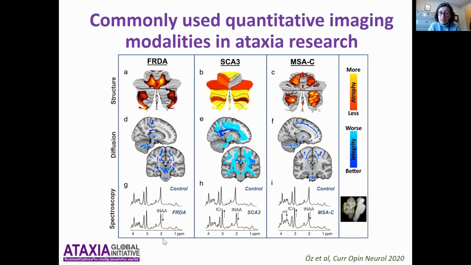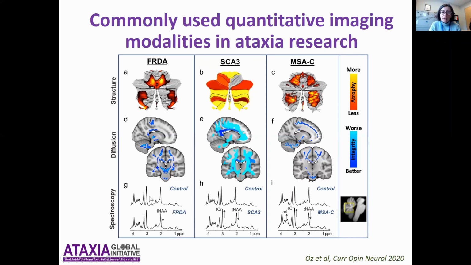For example, this NAA, total N-acetyl aspartate, is considered a neuronal marker. Whenever you have neuronal dysfunction or loss, you see this peak go down, and you see that happens in all three diseases that we have example data from.